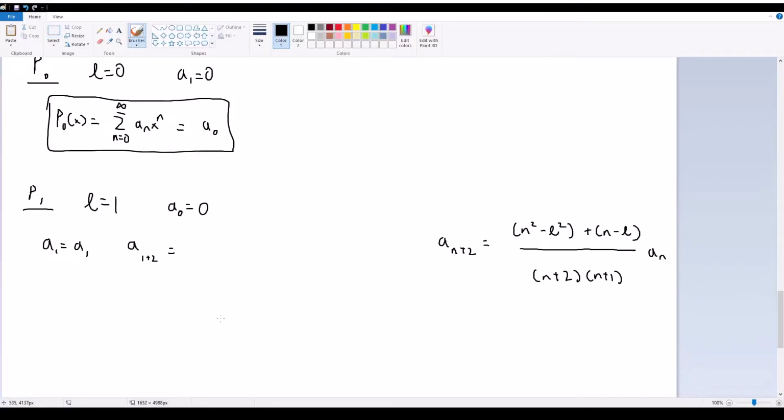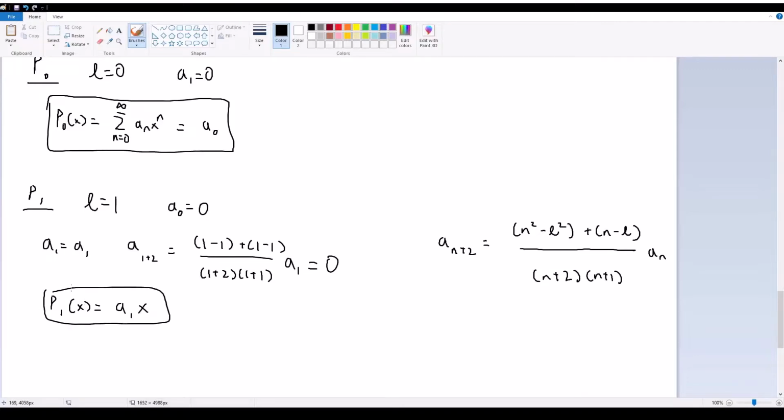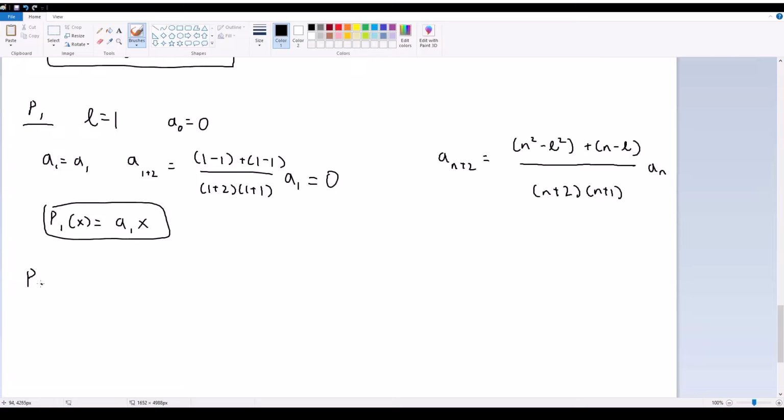This is 1 plus 2 is going to equal, remember, L is equal to 1, so then 1 minus 1 plus 1 minus 1 over 1 plus 2 times 1 plus 1 times A1. This top both equal 0, so therefore this is equal to 0, so it truncates at A1, therefore P1 of x is just going to equal A1 times x. So there's your P1.